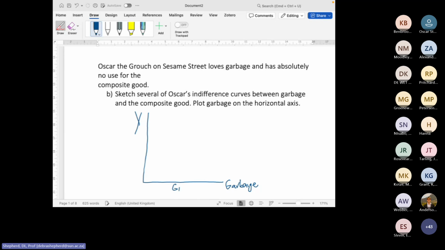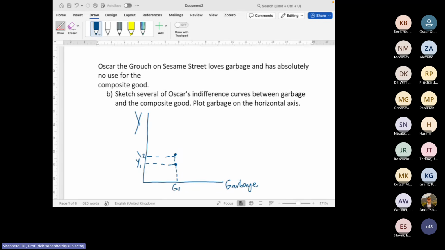So let's say Oscar consumes so much garbage and so much of the composite good. So he consumes G1 and Y1. If Oscar was to consume even a little bit more of the composite good Y2, what would happen to his overall utility level, his total utility?